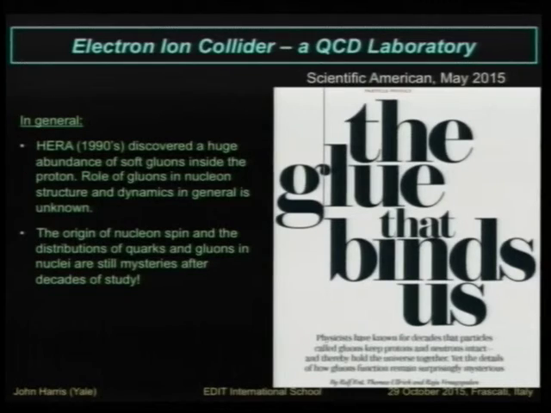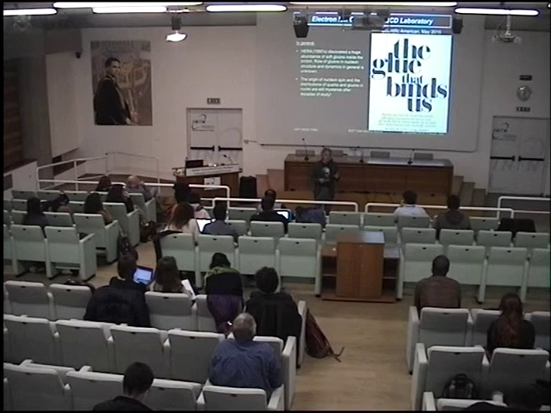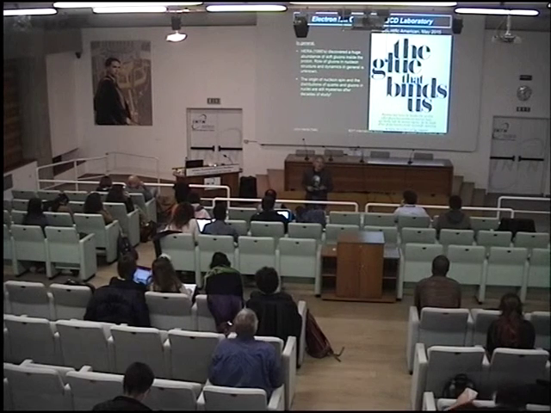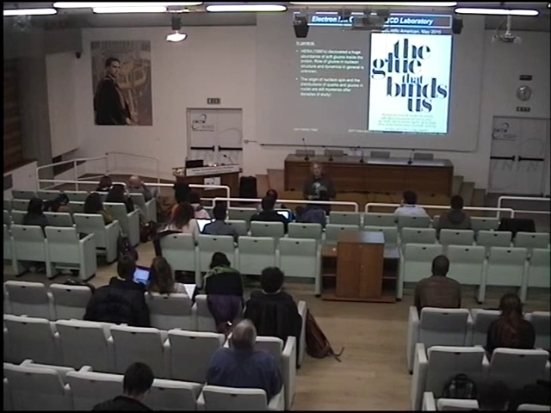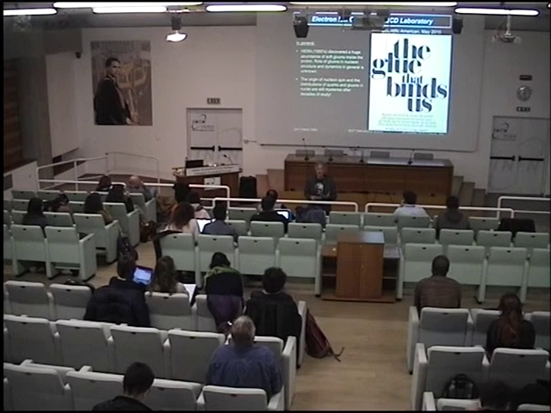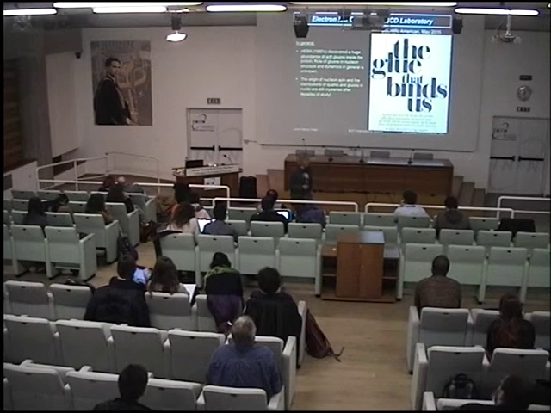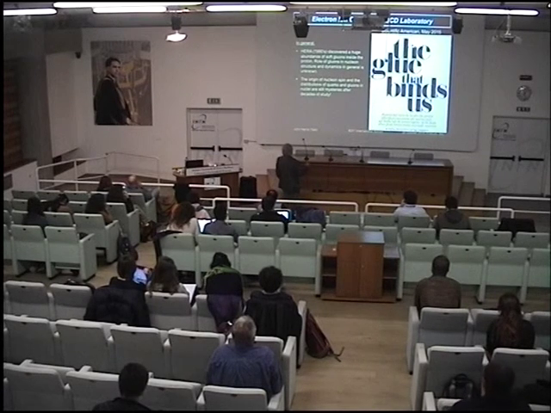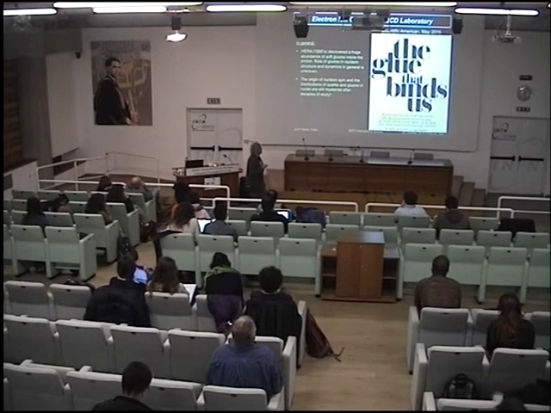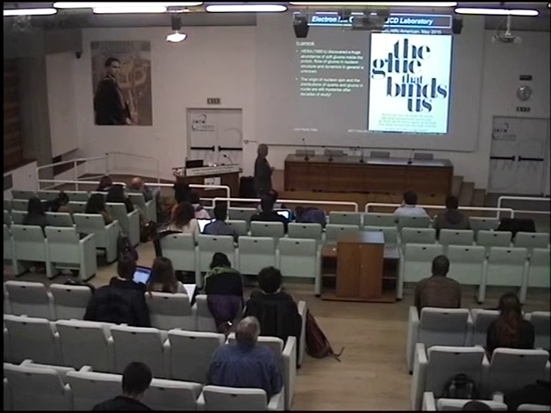And the goal is to start construction in the 2023 to 25 time frame for completion sometime probably between 2025 and 2030. Okay, so I point this out. There's a recent Scientific American article about this that basically anybody can read, your friends too.